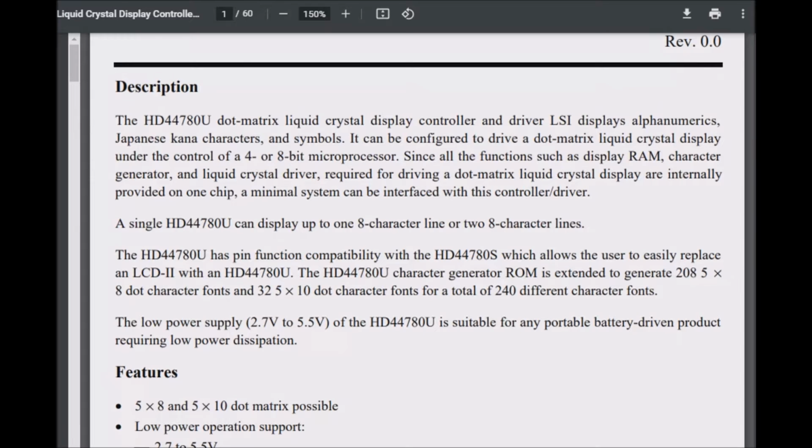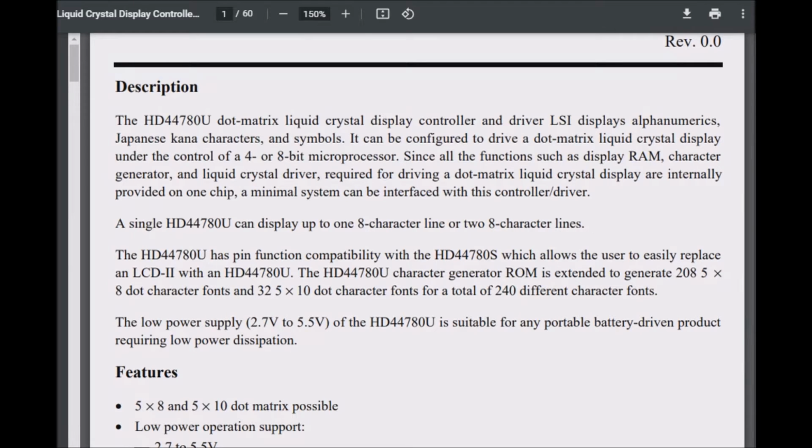Since all the functions such as display RAM, character generator, and liquid crystal driver required for driving a dot matrix liquid crystal display are internally provided on one chip, a minimal system can be interfaced with this controller driver.